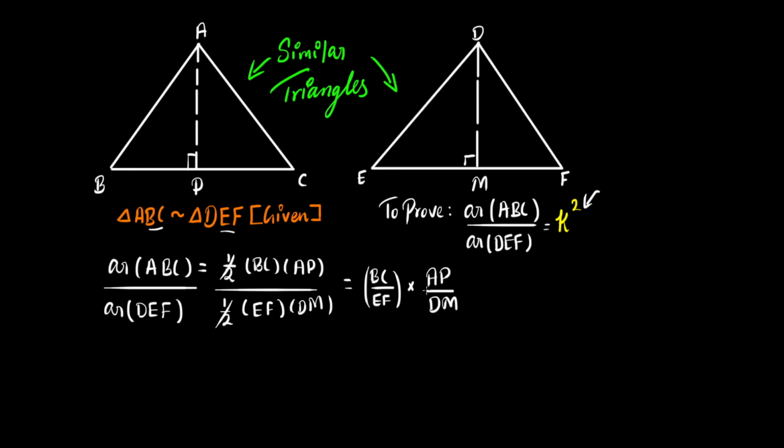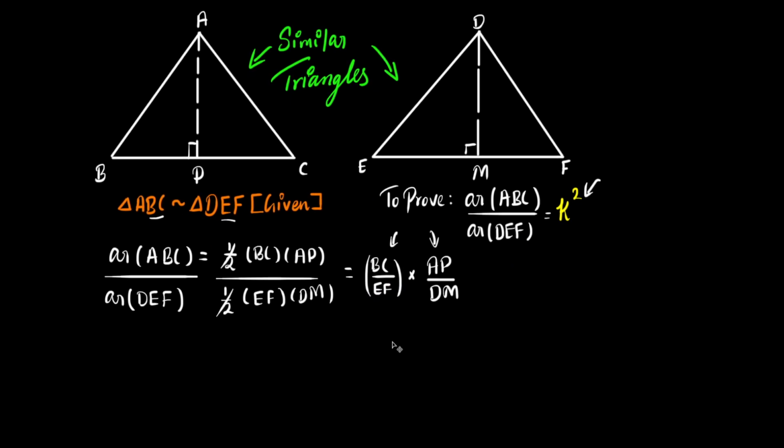If it is, we get k here and k here, so k squared. We have a k here, but can we get a k here, which means will it be equal to BC by EF? Let's find that.